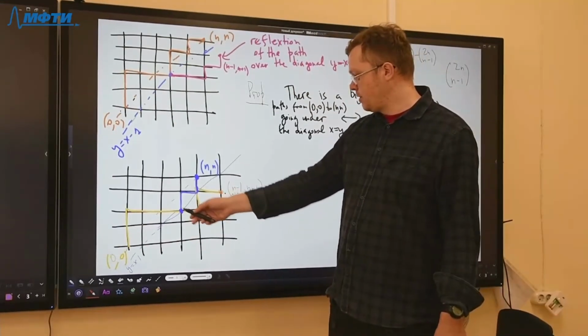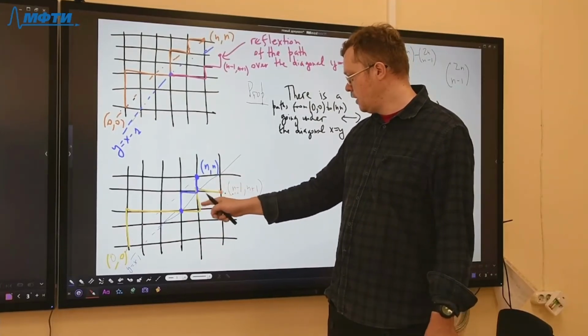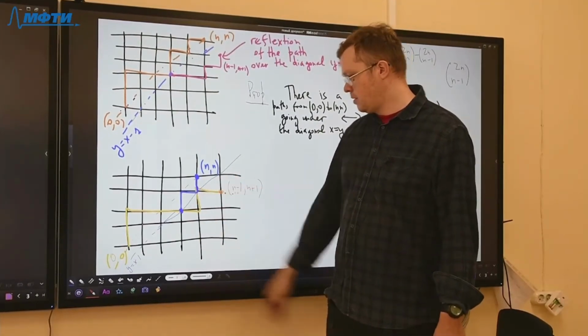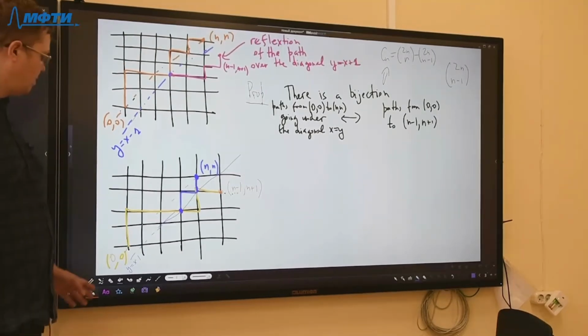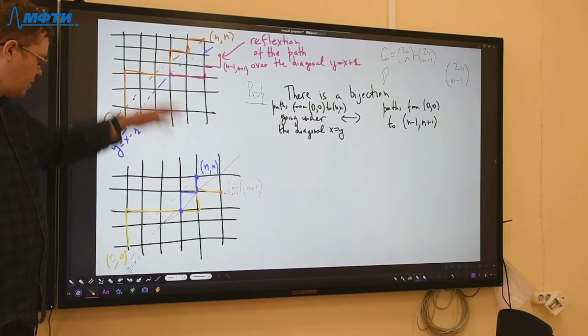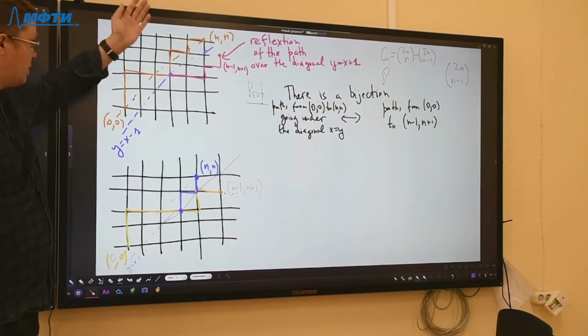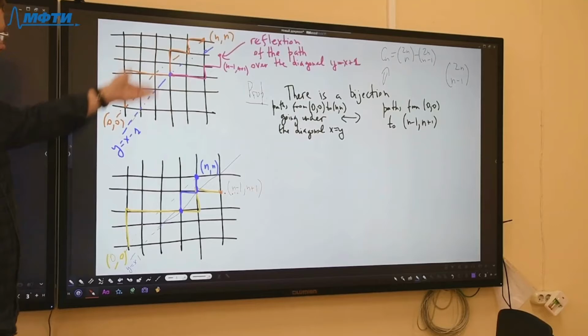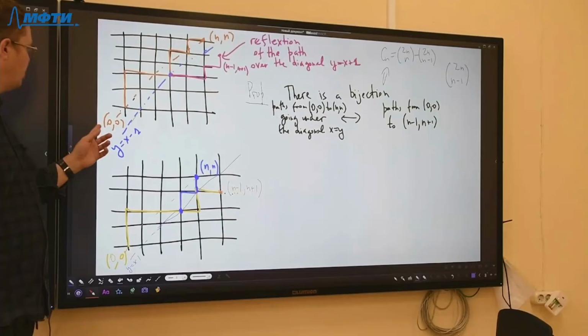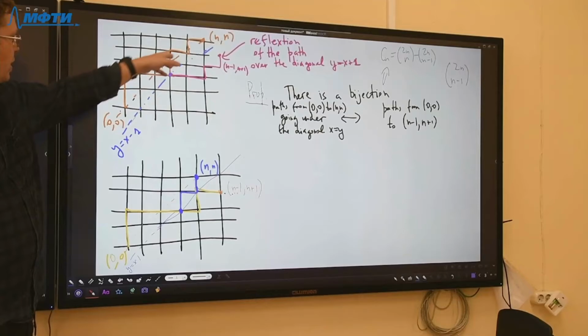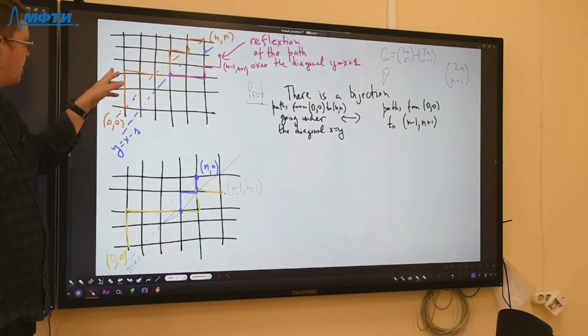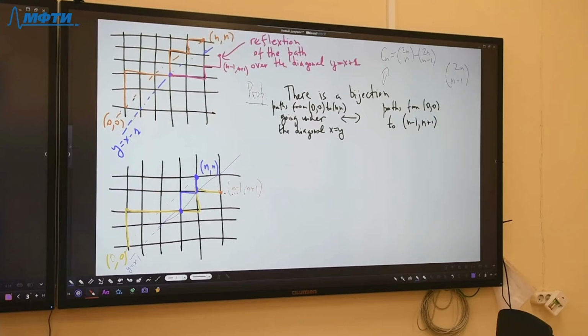We take the first intersection and then reflect the second part of the path over this diagonal. So we do nothing but reflection over the line. So it's easy to see that these mappings are inverse to each other. And so for each path that's going under the diagonal, there is a corresponding path going from 0, 0 to n minus 1, n plus 1.